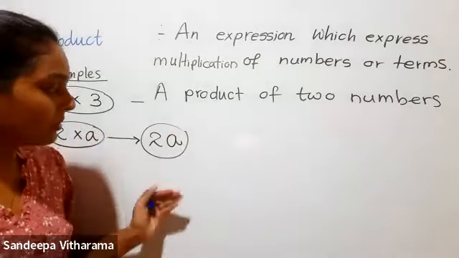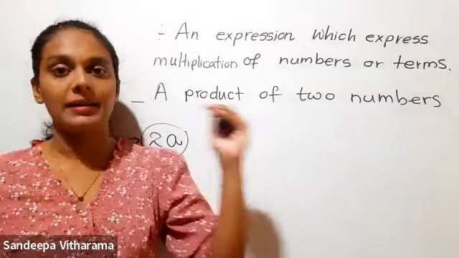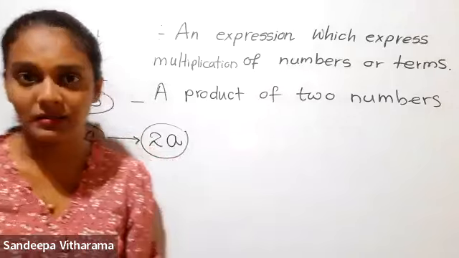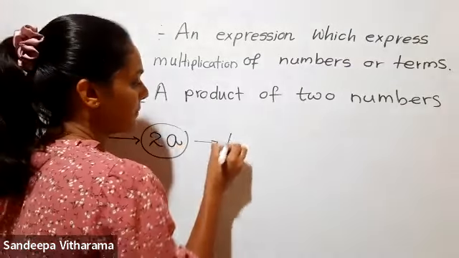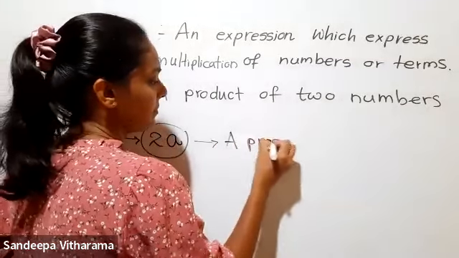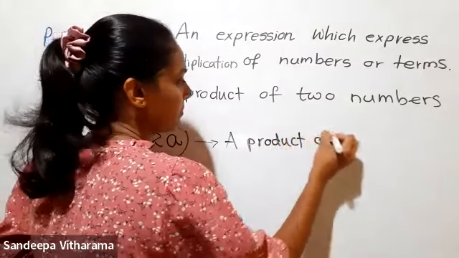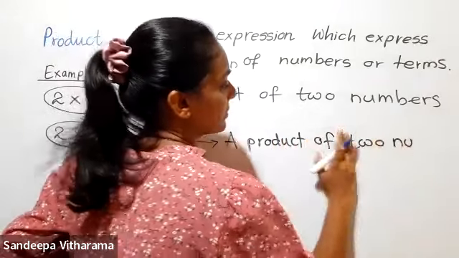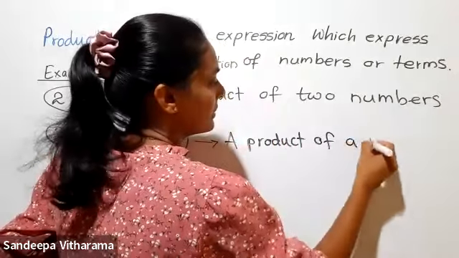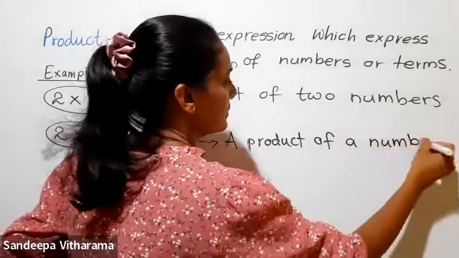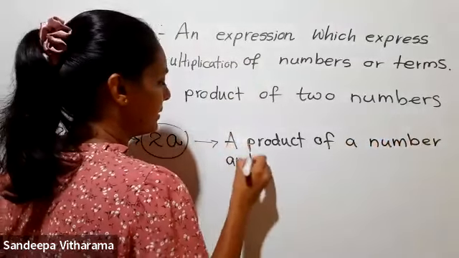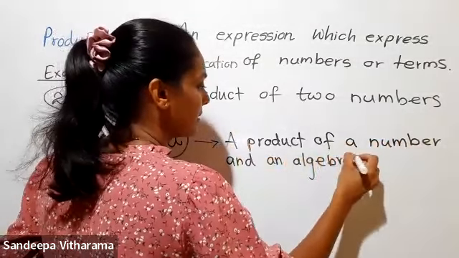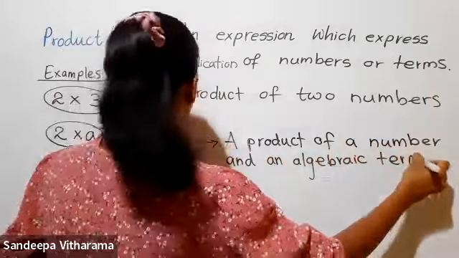When you look at a number and an algebraic term together, that is a product of a number and an algebraic term.